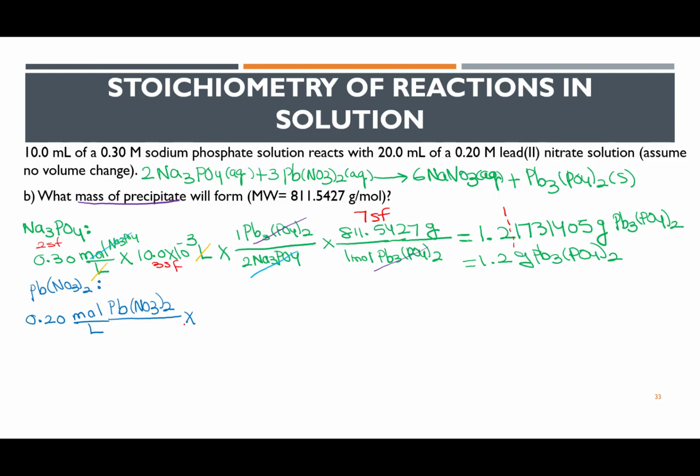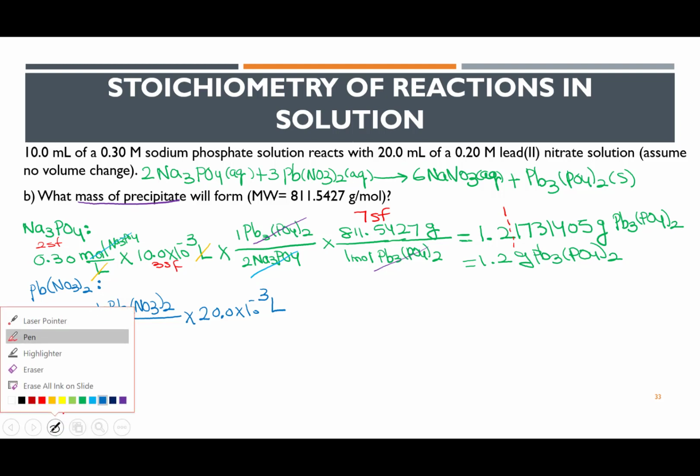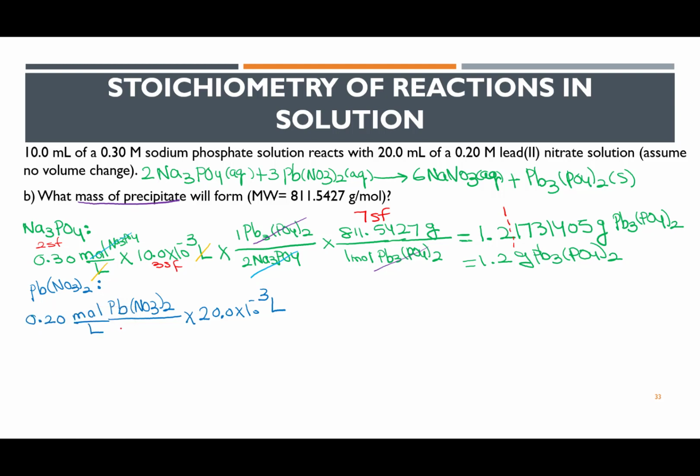So I'm going to convert the concentration of lead 2 nitrate to moles. It has to be 20.0 times 10 to the power of -3 liter. And as you could see here, I set up the equation so that the volume is going to go and I end up with mole. Also keep in mind that 20.0 is in milliliter. You have to convert it to liter as I did here. Now, as you could see here, the volume's going to cancel out.